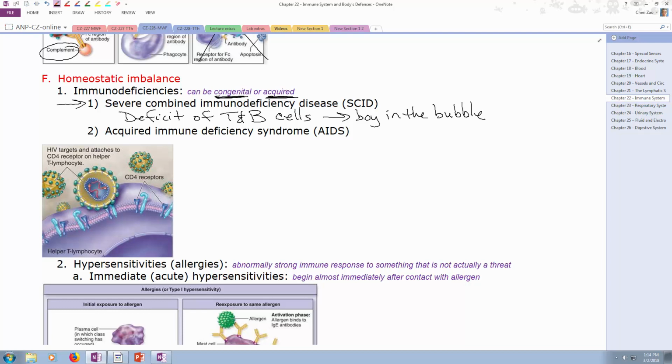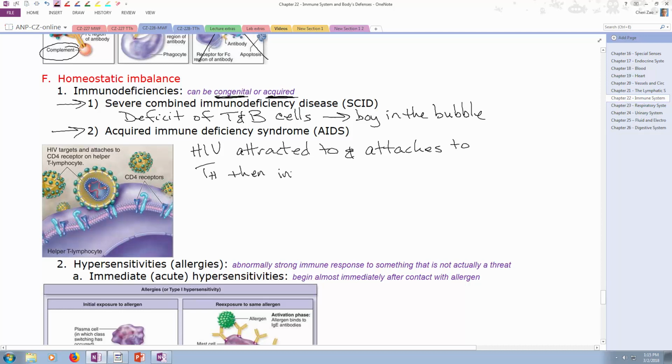Acquired immune deficiency syndrome, or AIDS, is a really bad actor because this virus loves T helper cells. So the HIV virus is attracted to and attaches to T helper cells, then invades and replicates, and the virus destroys the cell.